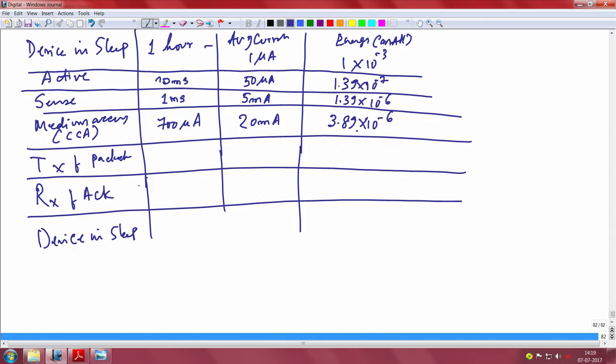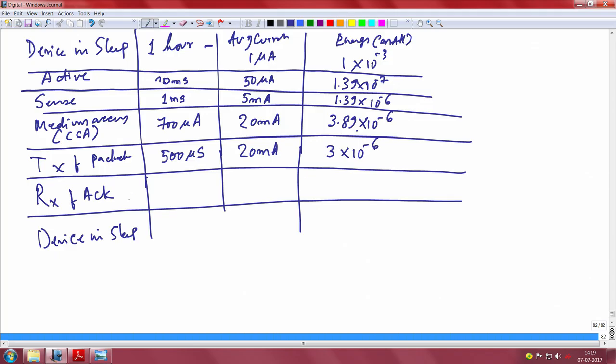Then transmission is very short, right. It is not even 1 millisecond. So, let us say half a millisecond, around 500 microseconds, okay. And this is also the same current, this is 3 times 10 power minus 6 milliampere hour.